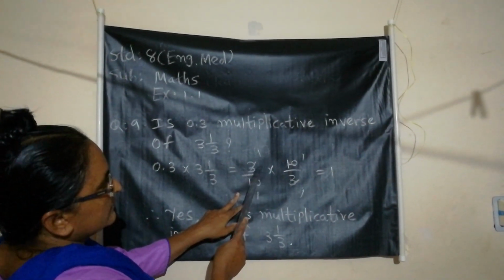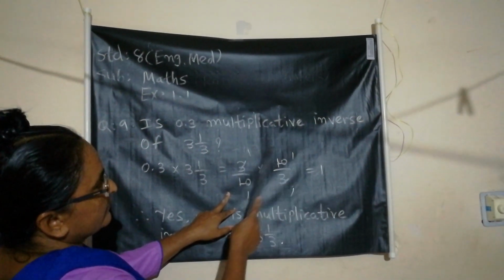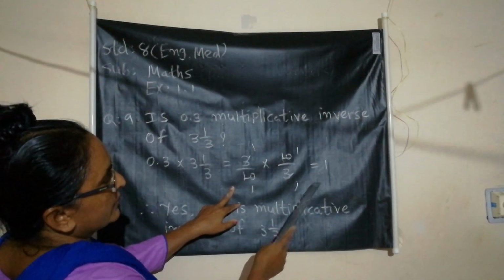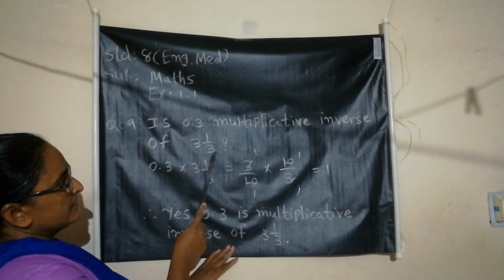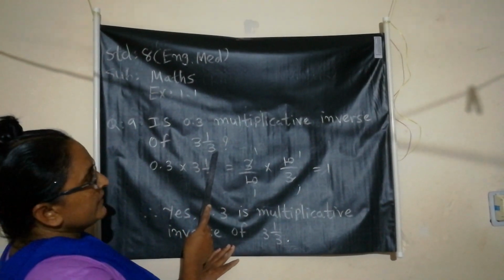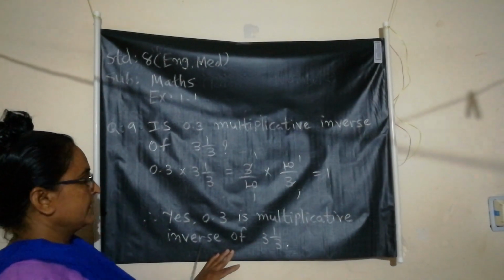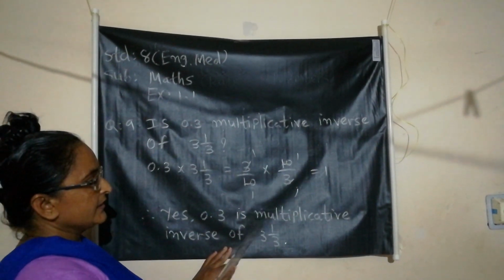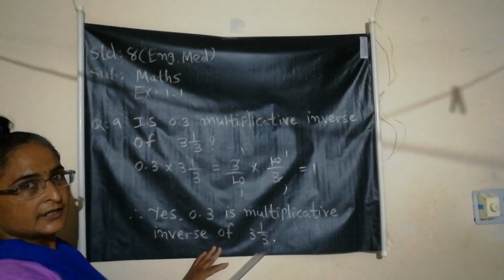Let's cut: 3 ones are 3, 10 ones are 10. 1 into 1 means the answer is 1. When we multiply 0.3 and 3 integer 1 upon 3, we get 1 as the answer. Therefore, we can say that yes, 0.3 is the multiplicative inverse of 3 integer 1 upon 3.